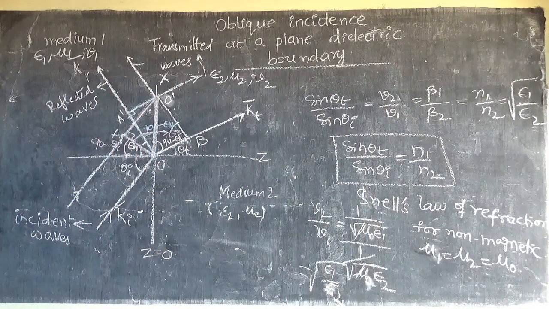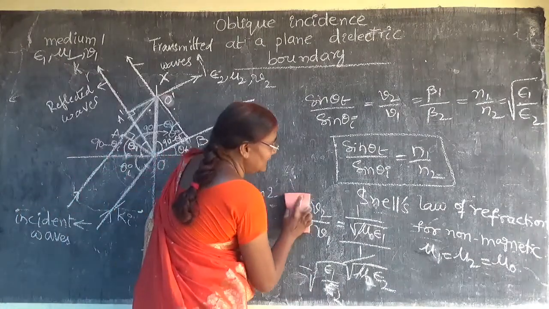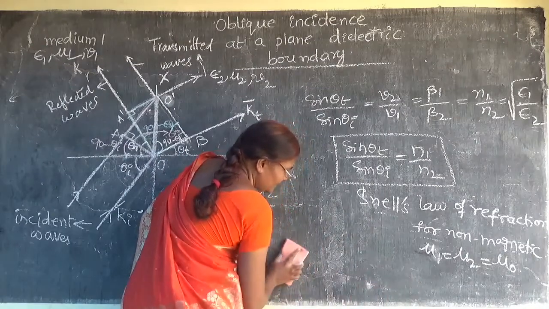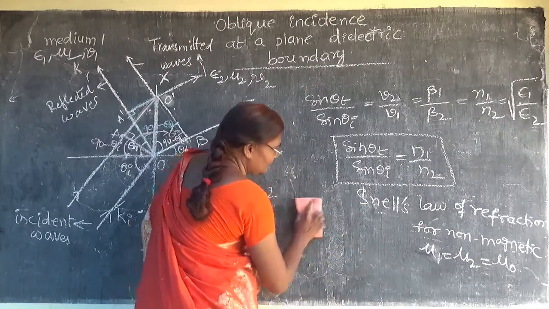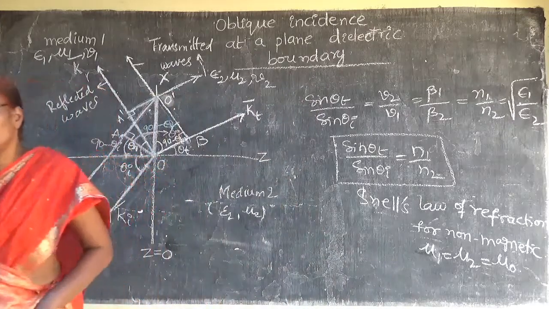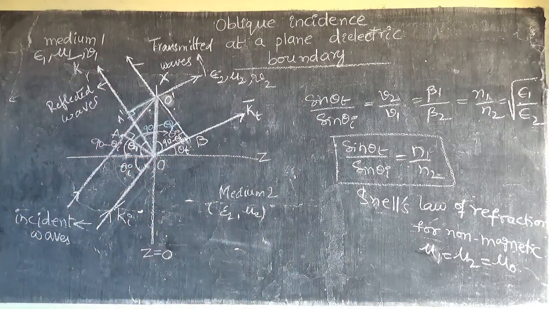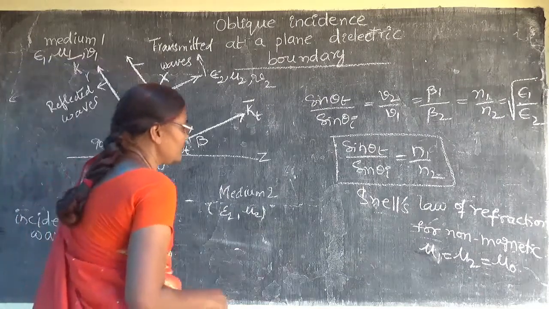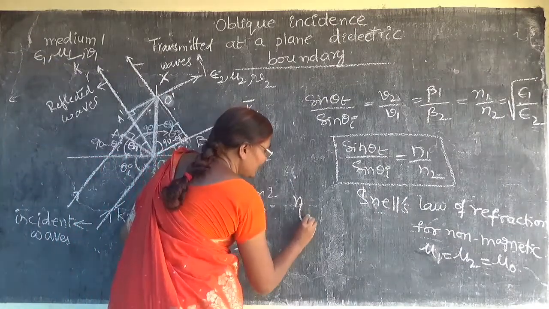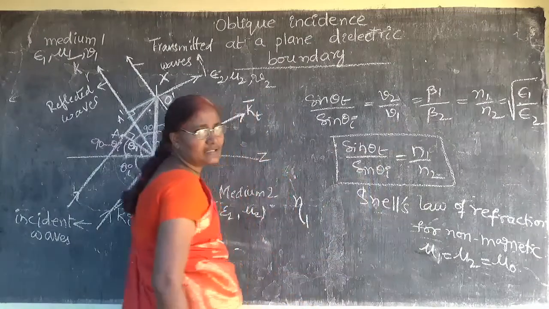Now I can write eta 1 and eta 2 in terms of mu naught and epsilon naught. So what is my eta 1? Identify them carefully.